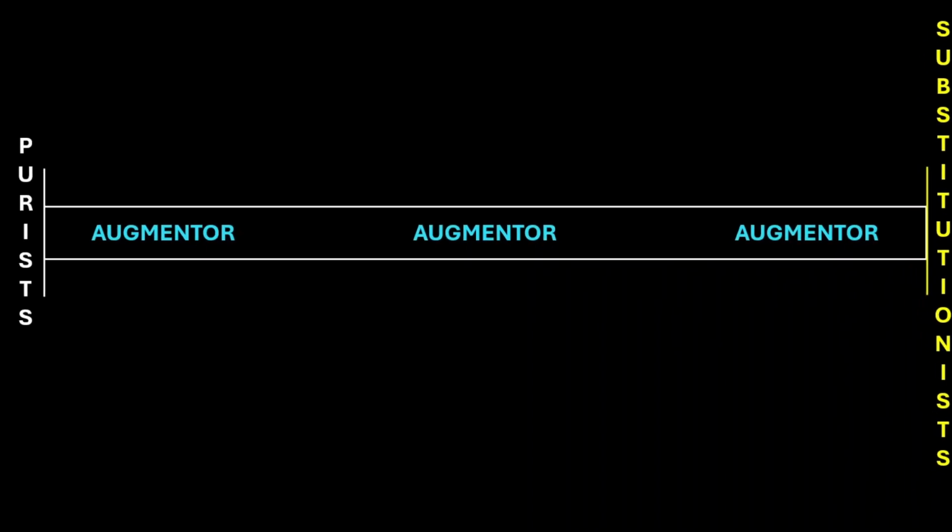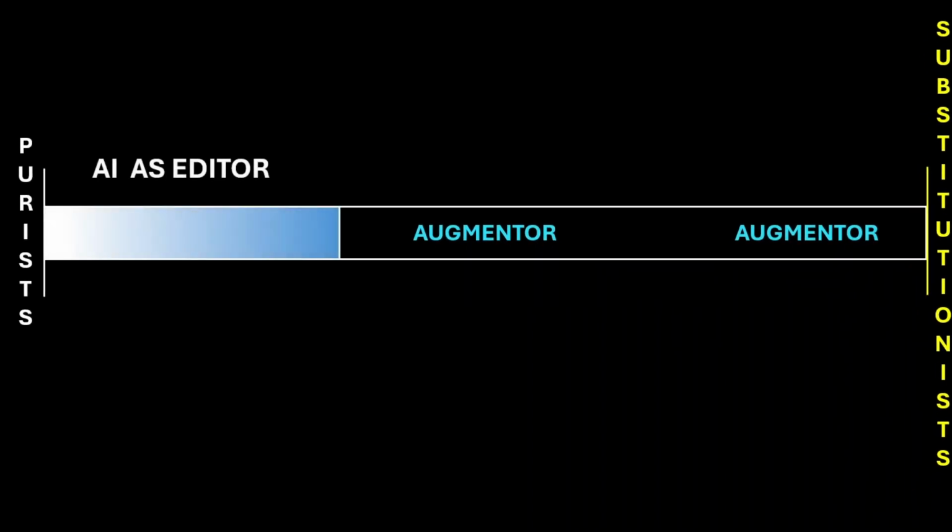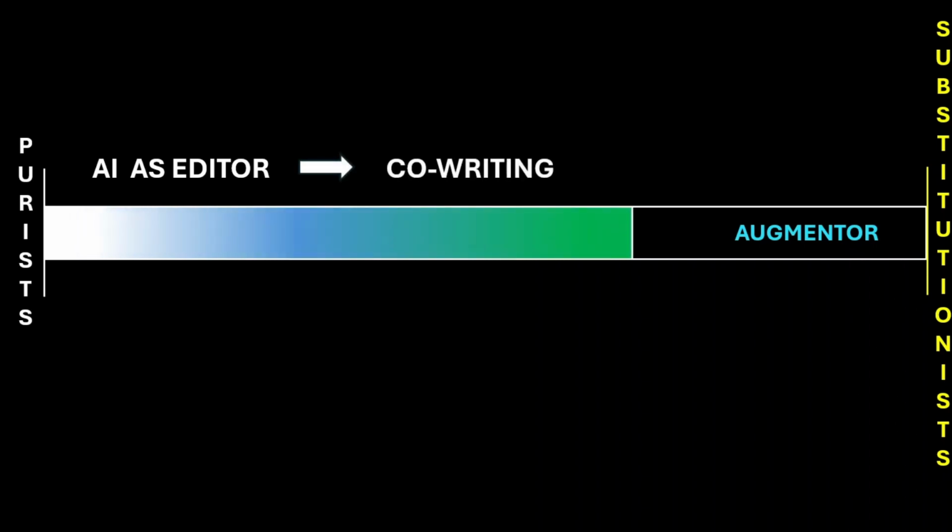Closest to the purists, you have the AI as editor, meaning that just as you would use a human editor to edit your work, tweaking, making suggestions, there's not much involvement of the AI in the content generation. Moving along the spectrum, now we start brainstorming and co-writing with the AI.